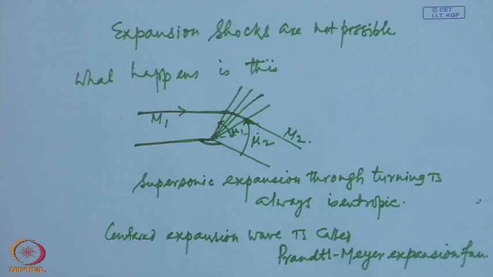When there is a sharp compressive corner, the flow turns through a shock and is compressed. However, if the turn is made through a successive large number of smaller angles, the turning approaches almost isentropic nature, and in the limit of a smooth compressive turn, the compression is also isentropic.